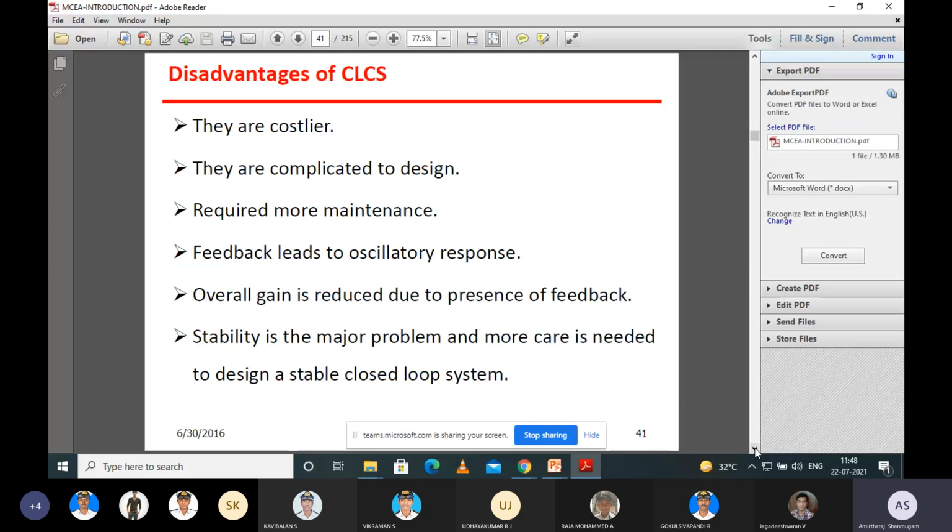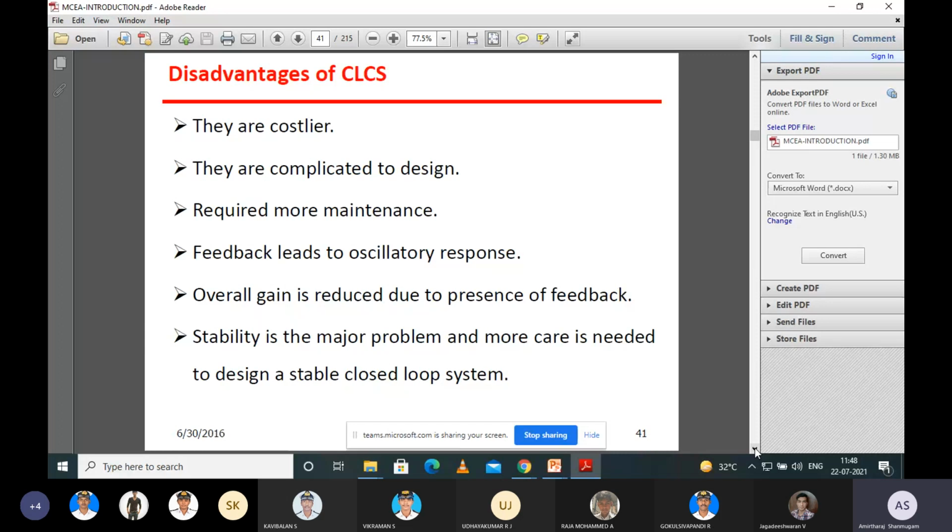And there are also some disadvantages. It is costlier. Why? We need to measure the feedback signal. We need sensors, and we need to get the manipulated signal. We need different controllers, and we need a comparator. Some more components are added. They are complicated to design and require more maintenance.